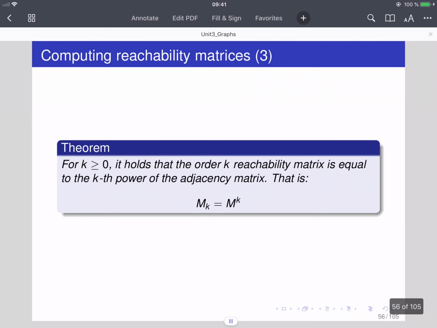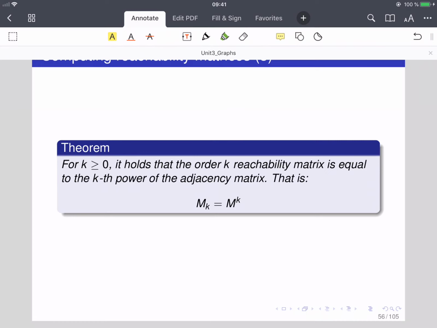And the answer is that yes, we can do that, and in fact we can do it with something that we already know how to do, and this is matrix multiplication. So if we want to find the k reachability matrix, we can find it from the kth power of the adjacency matrix, okay?